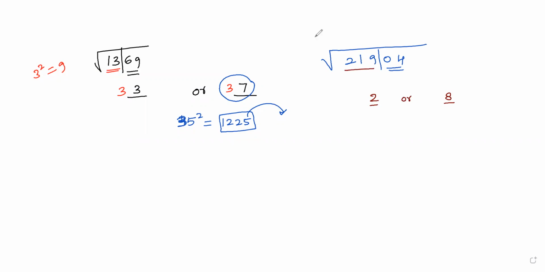Which perfect square is less than 219? That is 14 square. What is 14 square? 196. This is less than 219, so I am taking 14 here and here also.